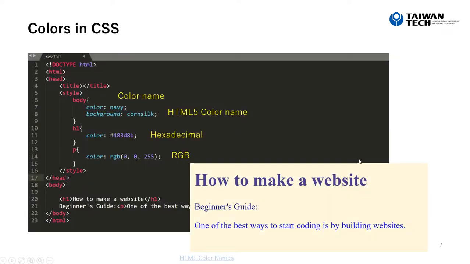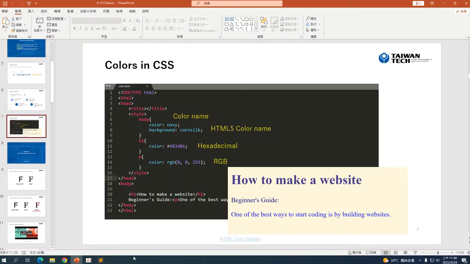Okay. And now if today we needed to control the color in CSS, and there has 4 types and 4 things we can use. The first one we just use the color name. Okay, like navy. And the other thing is HTML5 color name. What's their difference? And actually, I think HTML5 color has a good quality for the color. Yes, maybe I just show you.